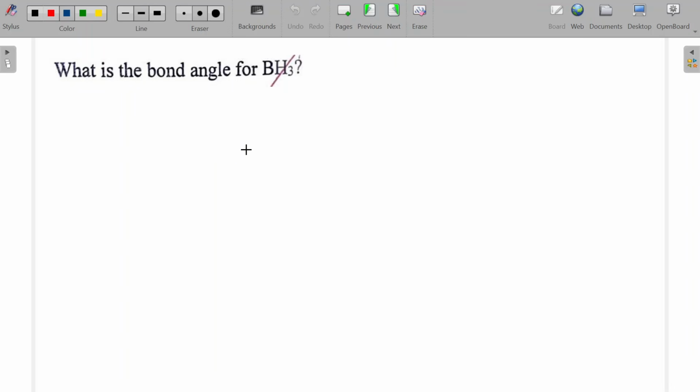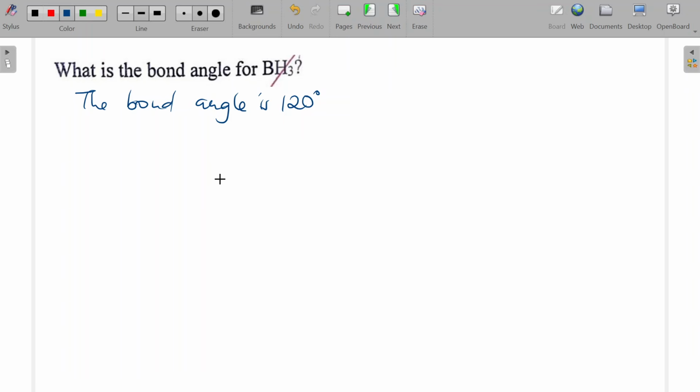Okay, so what's the molecular geometry for this one? Trigonal planar. Yes, wonderful. So the bond angle in this case is 120 degrees. That's the bond angle.